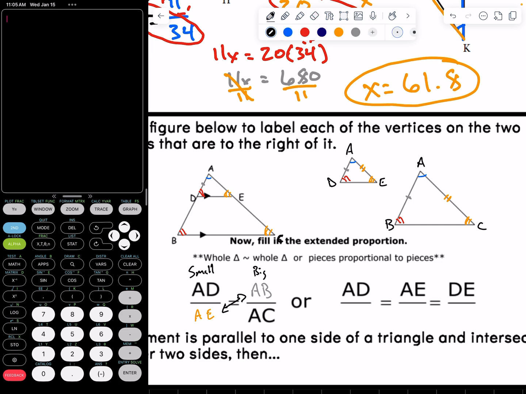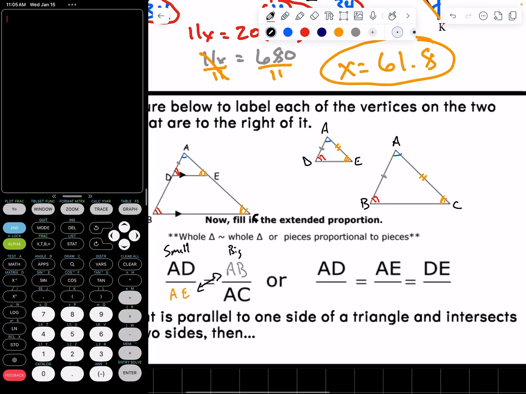Okay, the other scenario is we can do on the right, small. AD is the small, AE is the small, and DE is the small, okay? We have AD went with AB, AE went with AC, and I'll go on ahead and write that in orange, and then DE goes with BC.